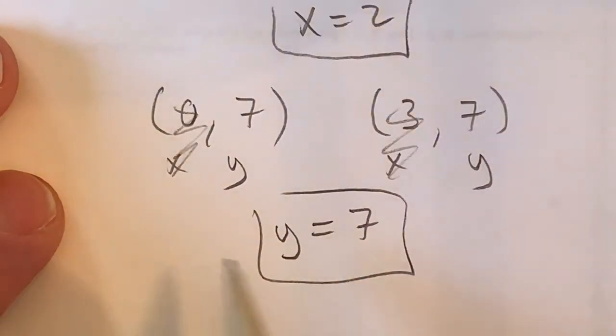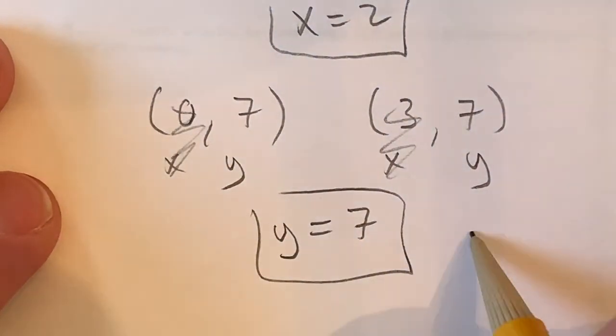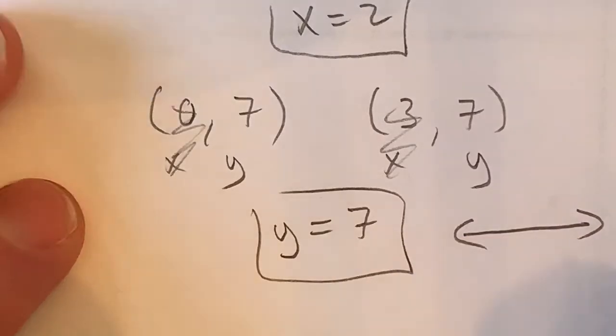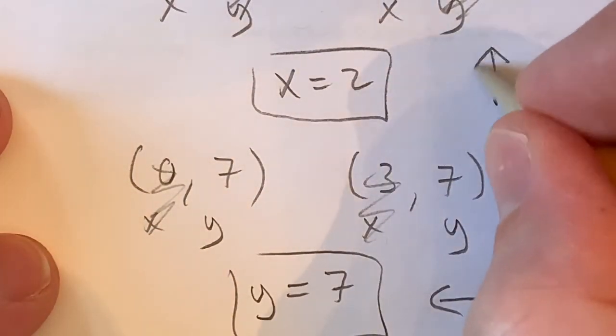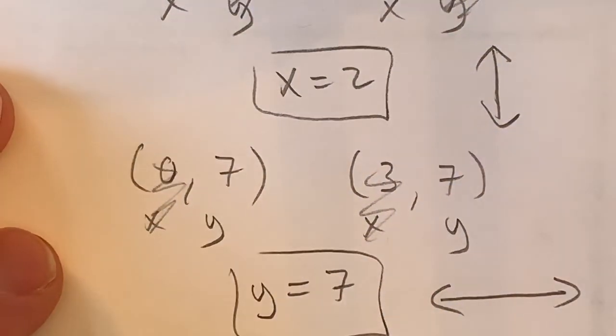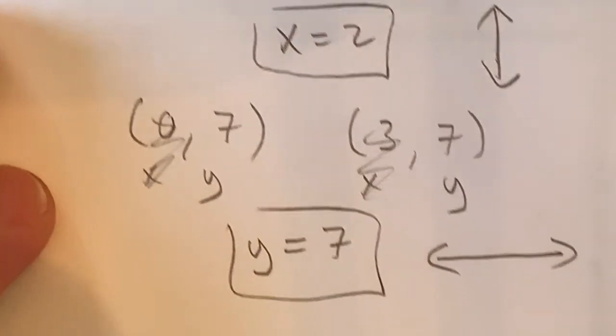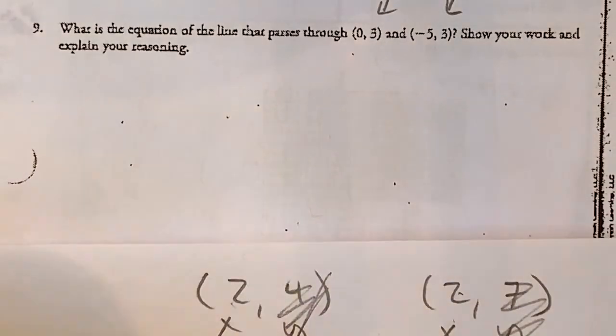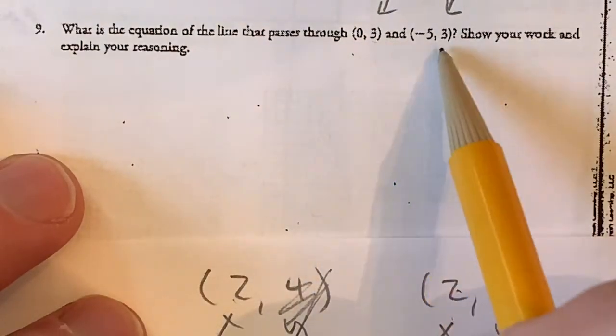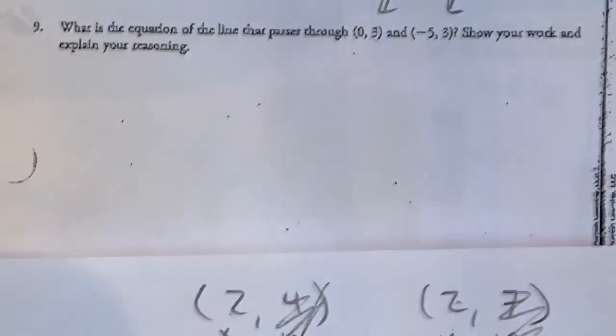And if you were to graph that, you would get a straight line going across. So this line is a horizontal line like this. This line is a vertical line where every x value is 2. So these are special cases, okay? These are special cases where you notice that two of your letters are the same. So I want you to look at this one and think about this 3, whether it's x or y, and then you can easily answer that question.